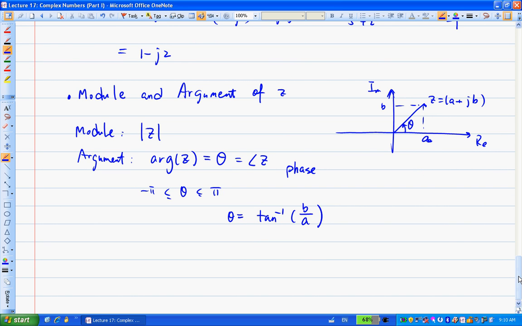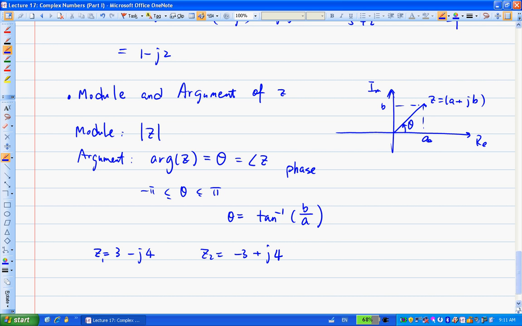Now, there's one little thing you need to be careful about here. Let's take an example. Z1 equals 3 minus j4. And the other one is Z2 equals negative 3 plus j4.